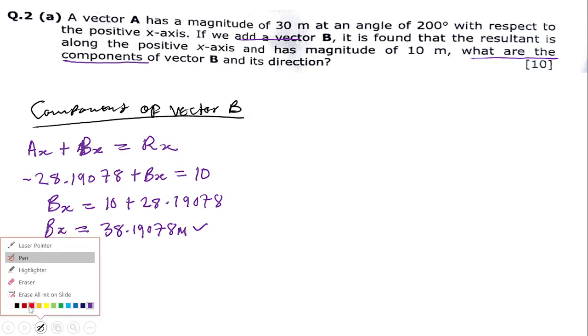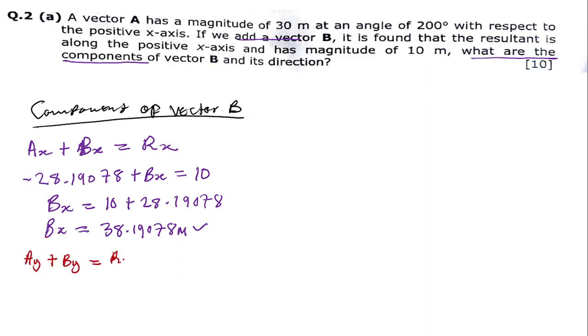Then the other one is the y component. Ay plus By has to give me Ry. And what we found was that Ay was negative 10.2602, I hope I can remember the value of Ay.